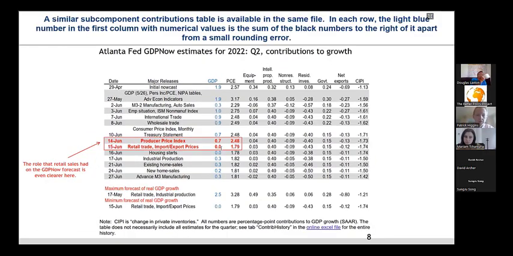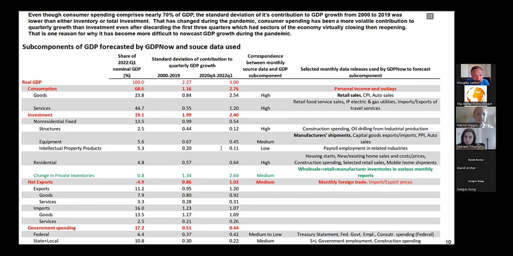And so I think this left column here in this table is essentially the expenditure shares of GDP for each of the subcomponents. So consumer spending is about 70% of GDP. So to get its importance for the contribution to growth, you essentially just multiply this expenditure share times the growth rate.